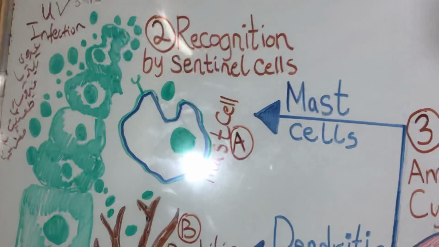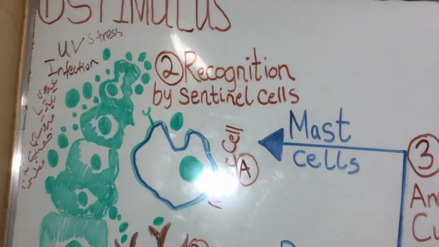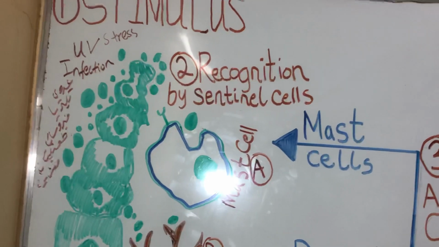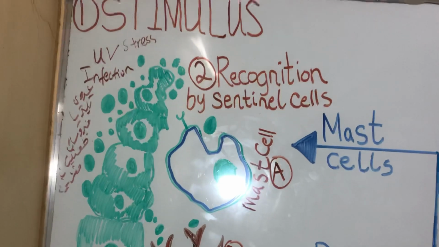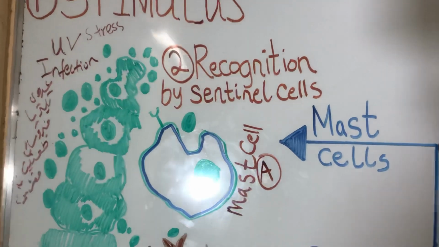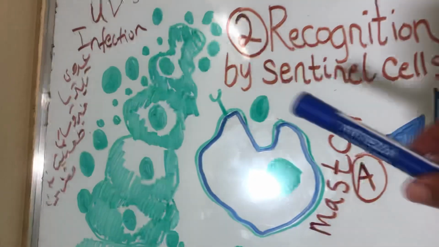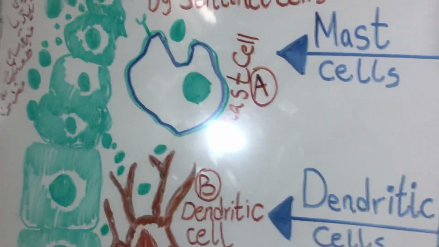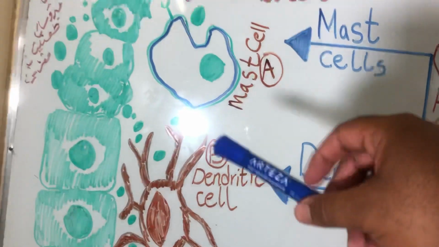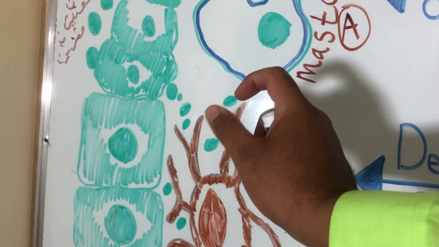Step number two is recognition of the foreign invaders, these microbes, or detection of the debris of damaged cells by receptors on the surface of sentinel cells such as mast cells and dendritic cells. You see the dendritic cells are actually engulfing.